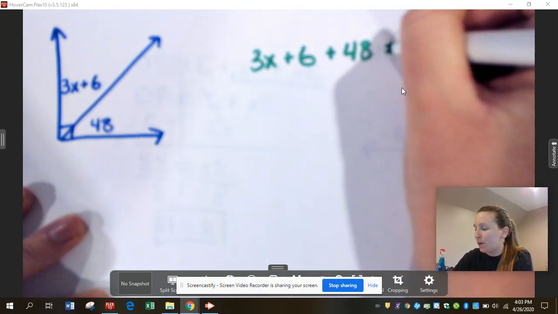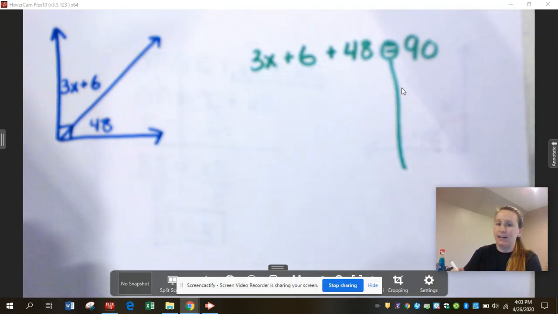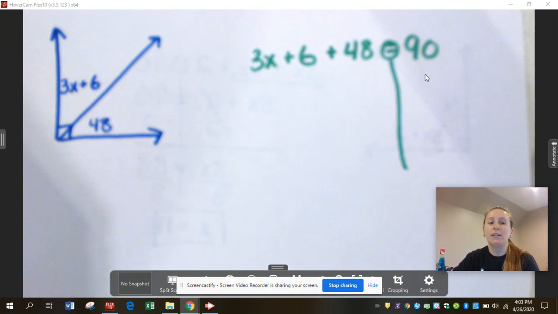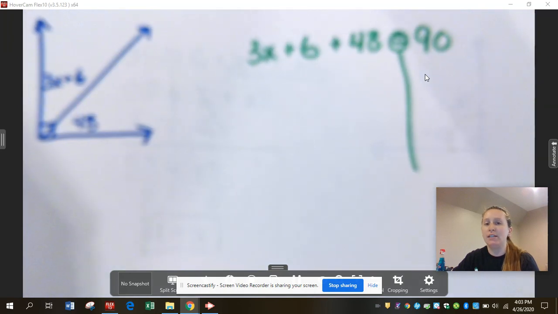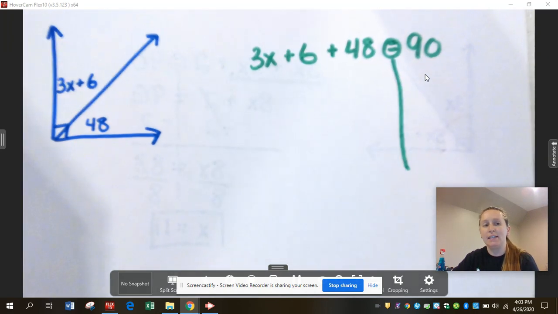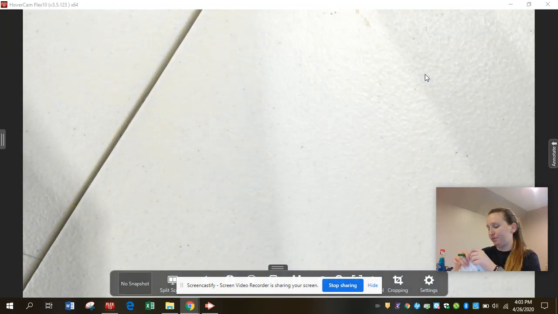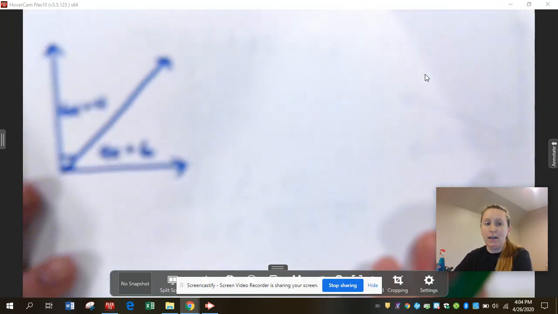And I know those two angles together should equal 90. So when you add those two angles together, 3x plus 6 plus 48, you need to set them equal to 90. There we go. It's a little bit in focus. You solve from there.